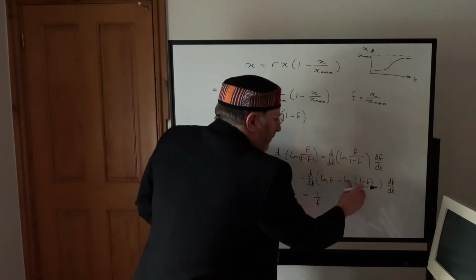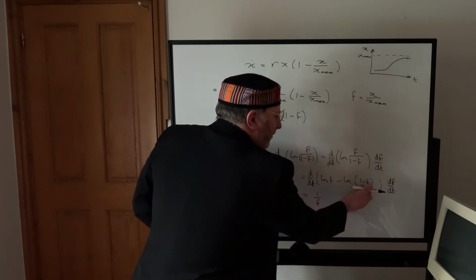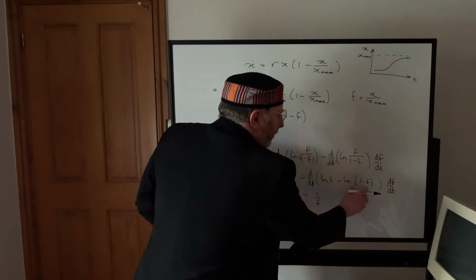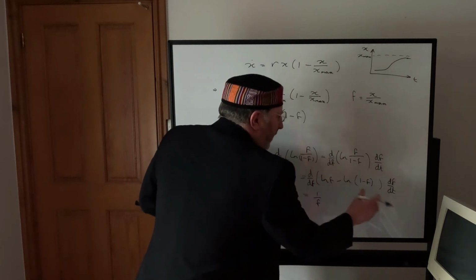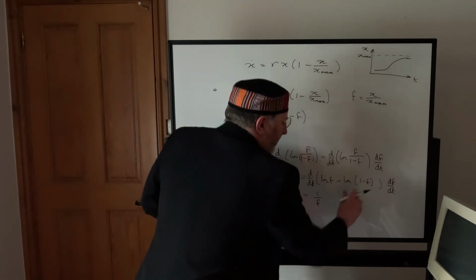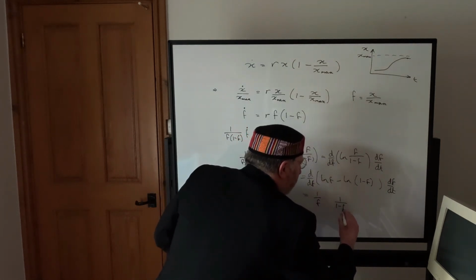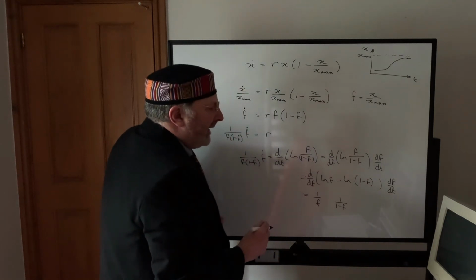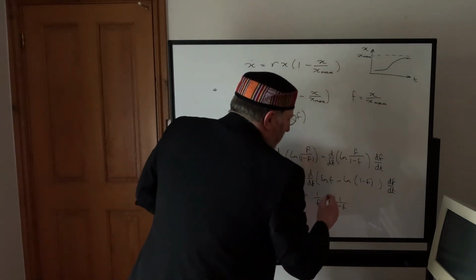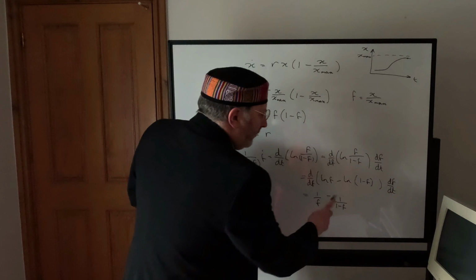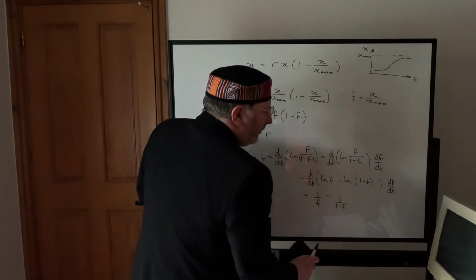We firstly treat that bracket just as the variable. So log of x becomes 1 over x, so log of 1 minus f becomes 1 over 1 minus f, and we had a minus sign, so it's minus 1 over 1 minus f.